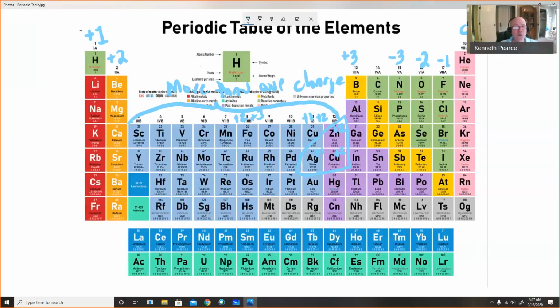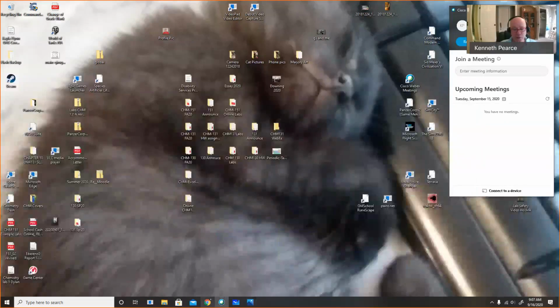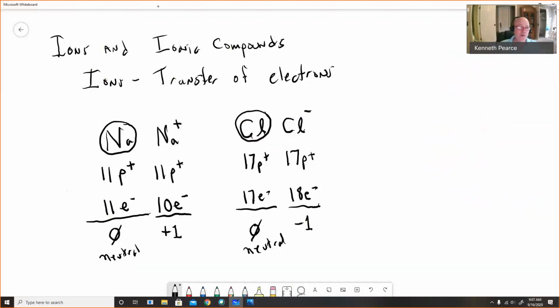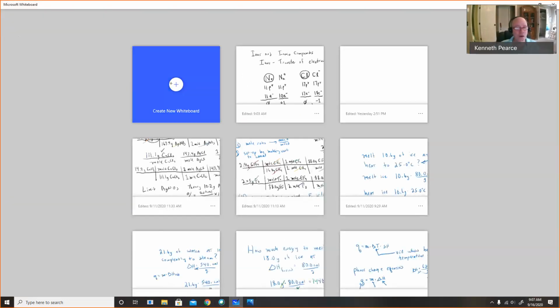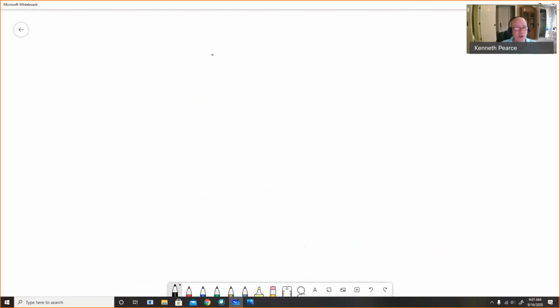If we look at this, we can see there's a pattern, and the way I like to see the pattern is like this. I like to think of it as climbing up and climbing down, so we have 1 plus, 2 plus, 3 plus, 3 minus, 2 minus, 1 minus. That's how I like to think about it.